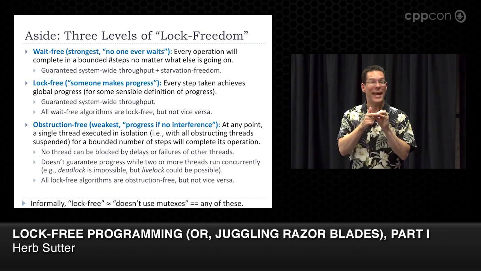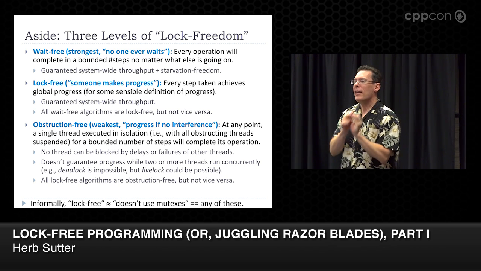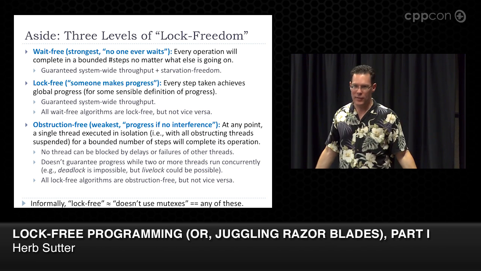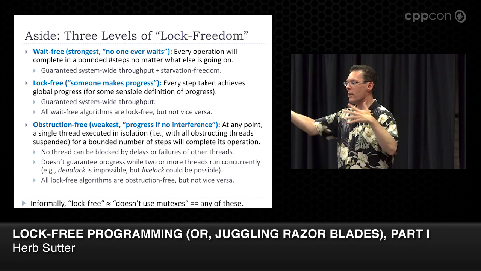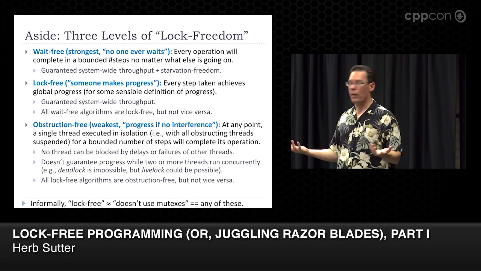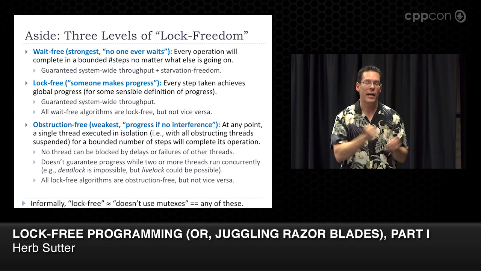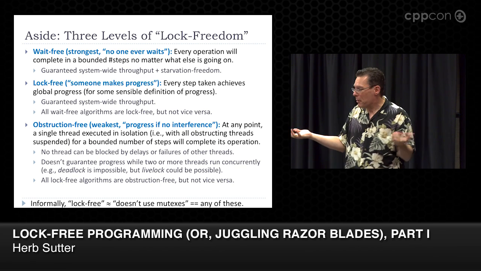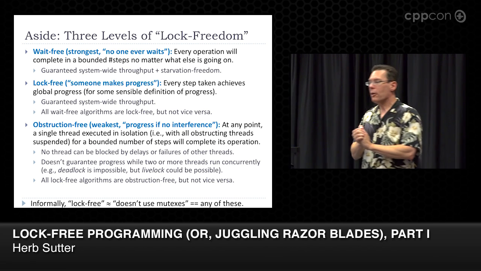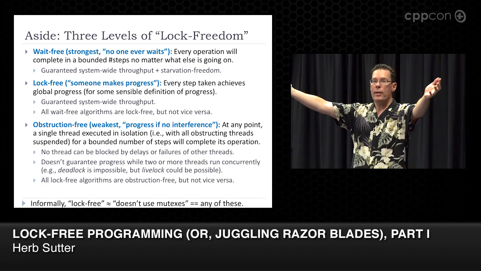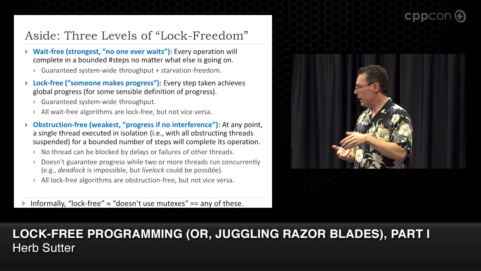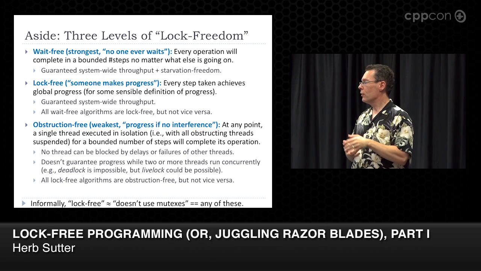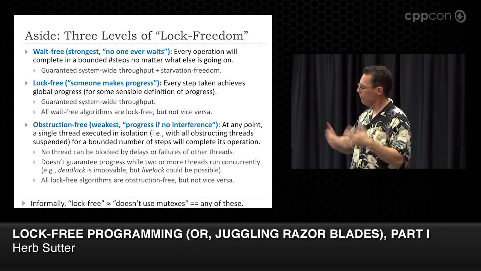That means nobody ever waits. That is a wonderful story for scalability, because it means nobody ever waits regardless of how much other stuff is going on in the system. We love that. We can't always get it, but we love it when we can. This guarantees you basically system-wide throughput, plus nobody can ever starve. It's guaranteed starvation-free.